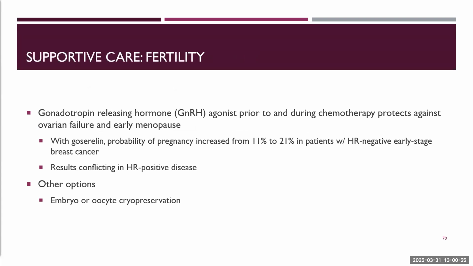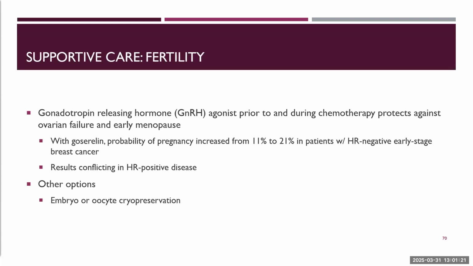For fertility, we can use the GnRH agonist prior to and during chemotherapy to protect against ovarian failure and early menopause. So if patients are younger in age, still would like to have a family, we can give them a GnRH agonist prior to and during chemotherapy to help protect their ovaries and preserve their ovarian function.